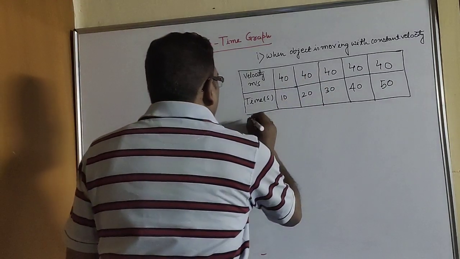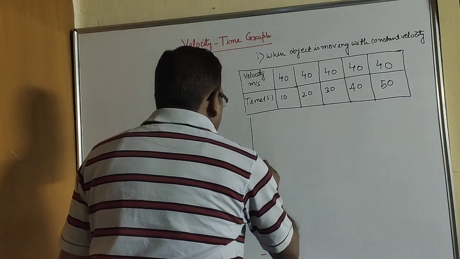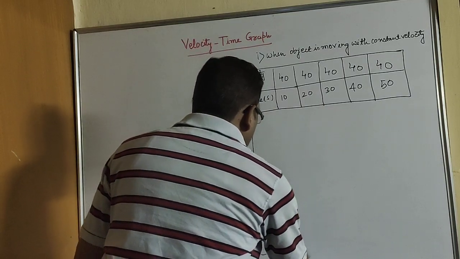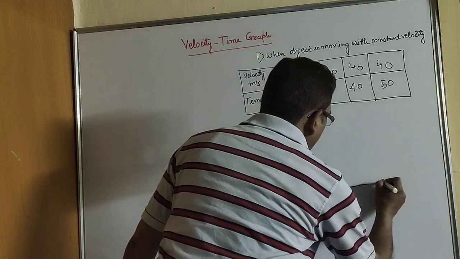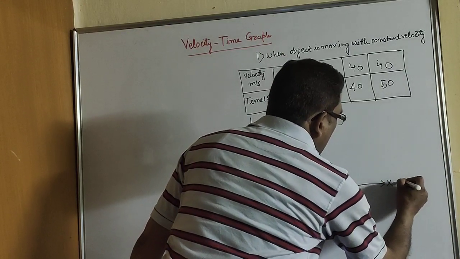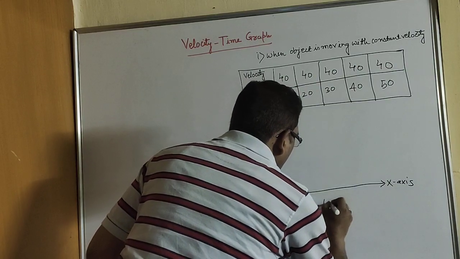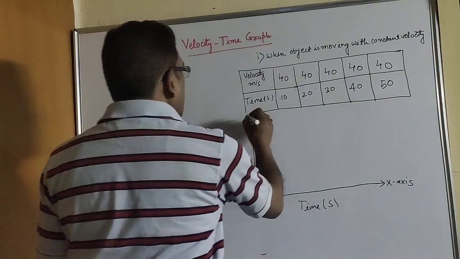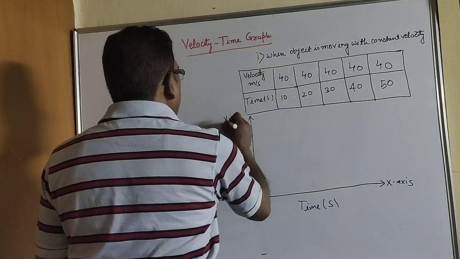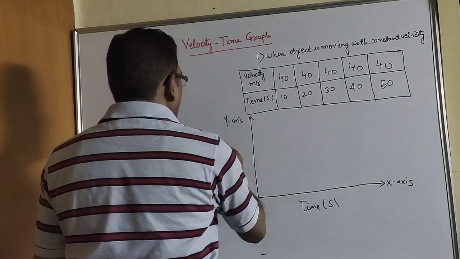So if you plot a graph in this case, as we know, we take time on the x-axis and on the y-axis we take velocity.